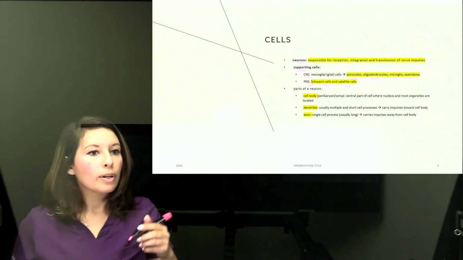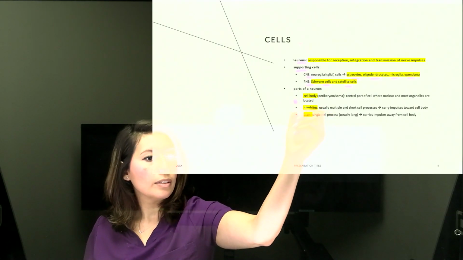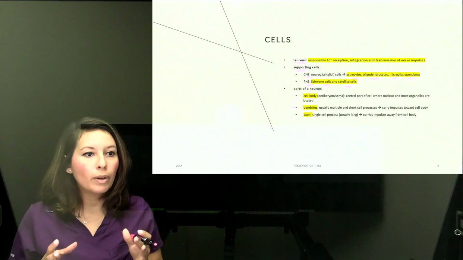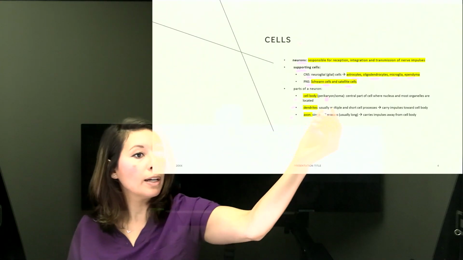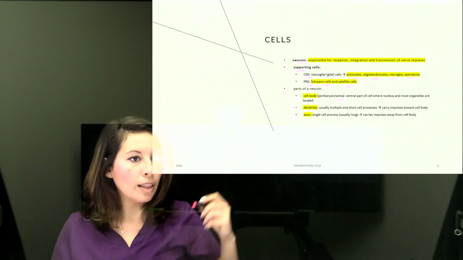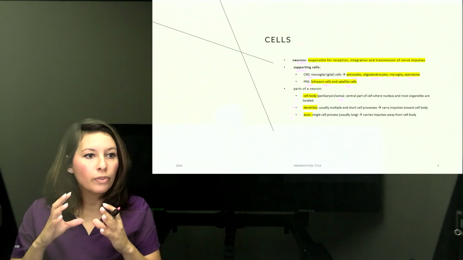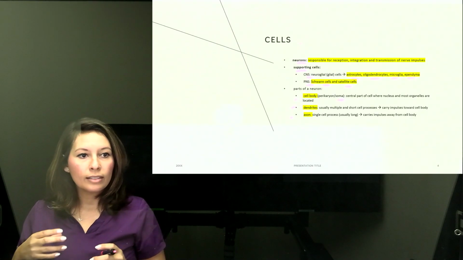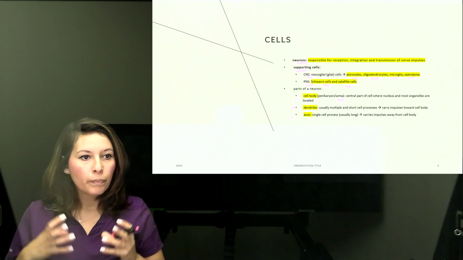Some of the important parts of a neuron include the cell body, dendrites, and axons. The cell body, also known as the soma, is the central part of the neuron where we have the nucleus and other organelles that are part of your cells.